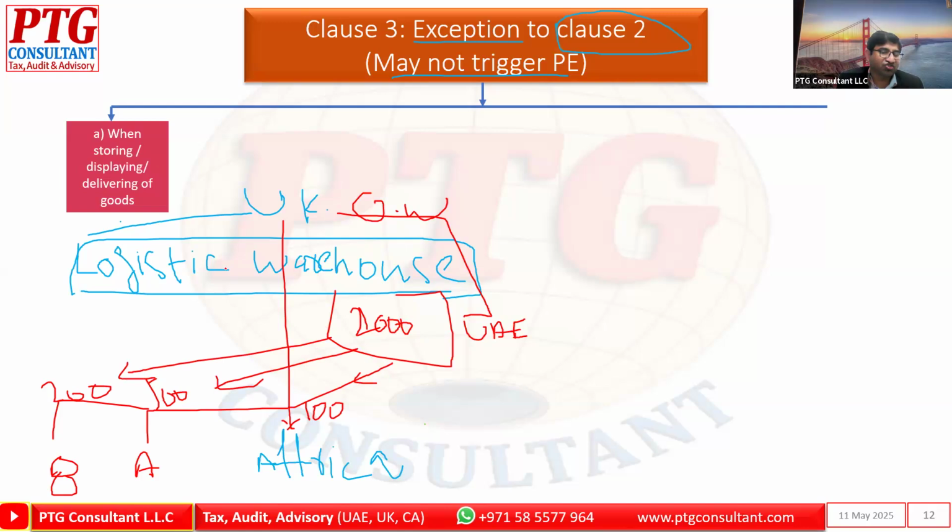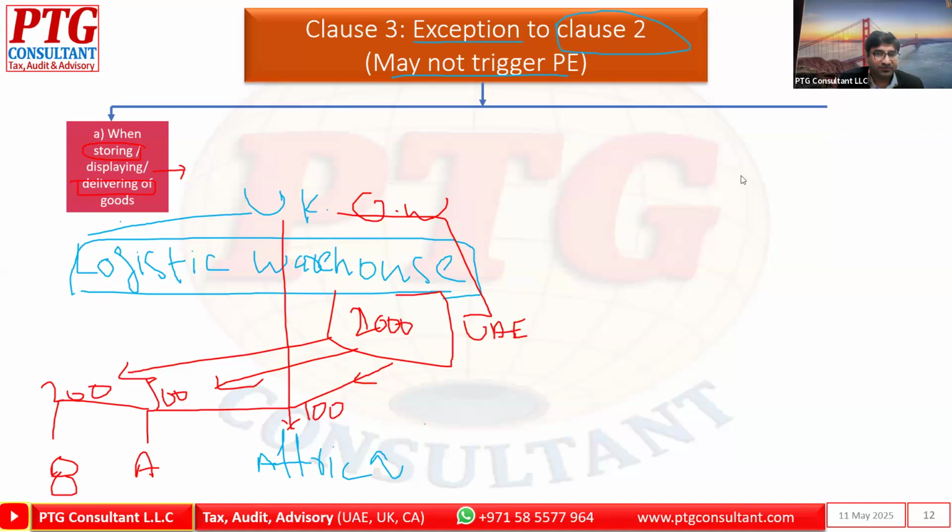He's just following instructions. So if he's using the goods here for storing or display purposes only, with a showroom to display, and they are not selling or delivering goods, then it will not fall under PE.